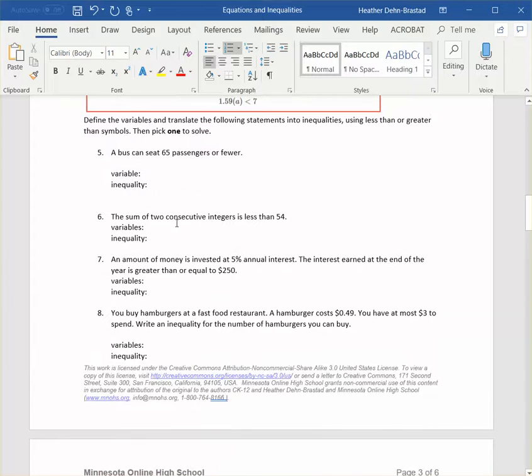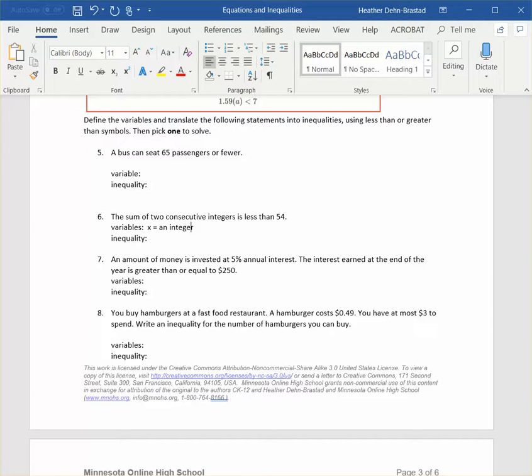Number 6 I want to look at because it says 2 consecutive integers. A consecutive integer is like the numbers 2 and 3. Those are consecutive integers because they're both integers and they're in a row. If the sum of 2 integers is less than 54, we have to pick a variable to be our integers. We're going to let x be one integer.